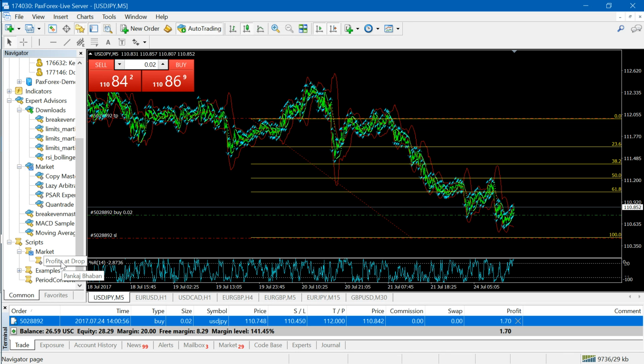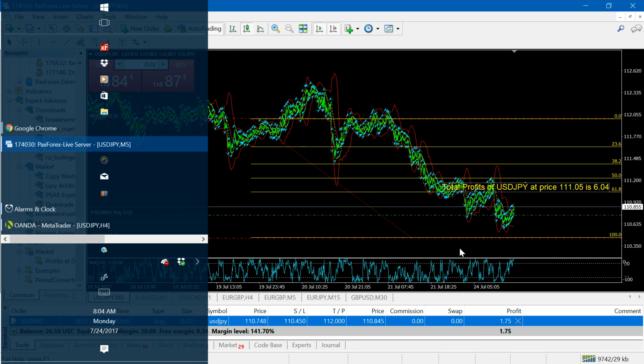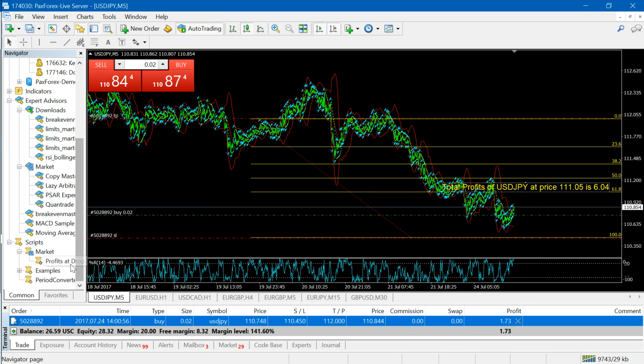As you can see right now, we're already up $1.74 on this particular trade, small account like I said. But by taking this profits at drop script and coming right here, we're able to see exactly what profit will be at any level that we are at.